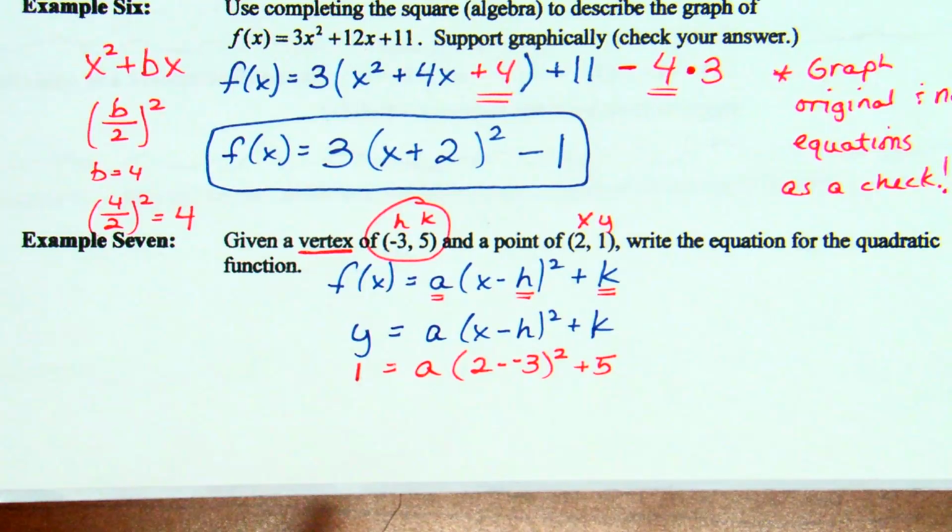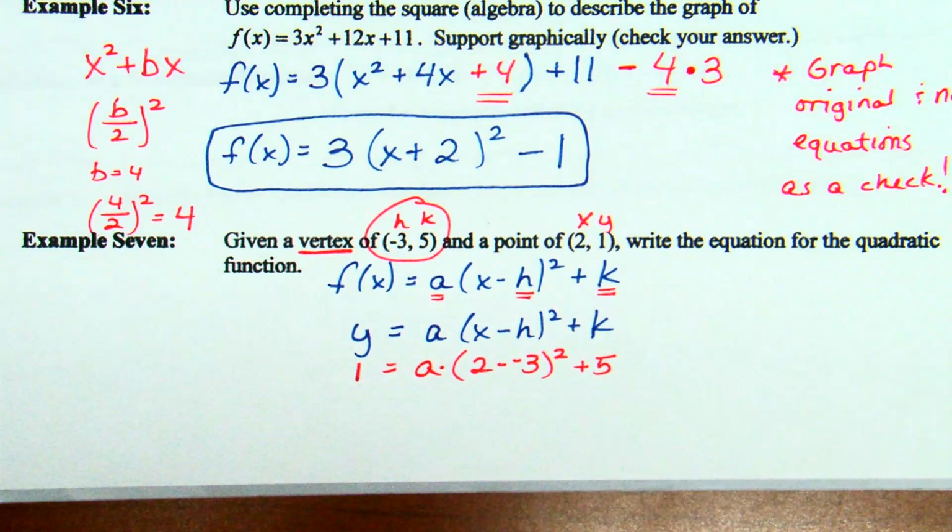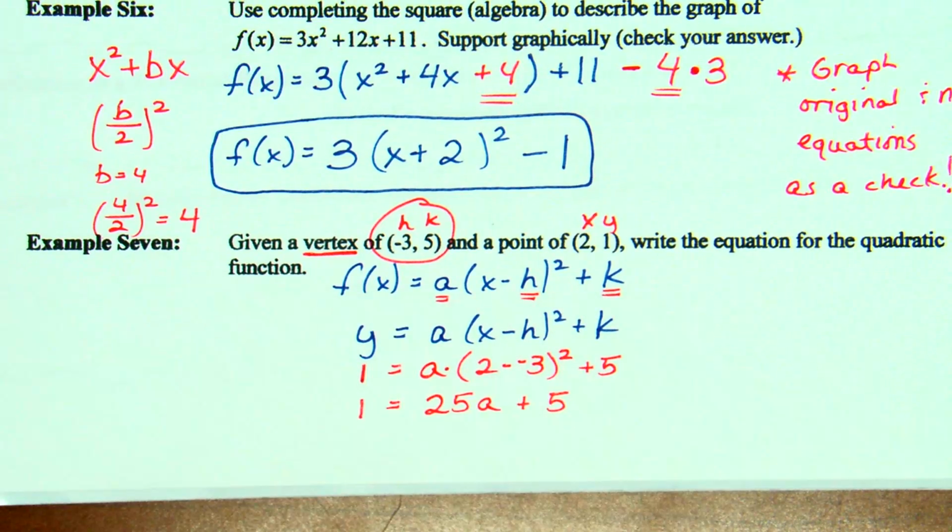That 25 is being multiplied by A. So this now writes as 1 equals 25A plus 5. The mistake that some of you want to make is you want to say, oh, 25 plus 5 is 30. No. That 25 is attached to the A. So if it's 25 times A, I have the equation I wrote.